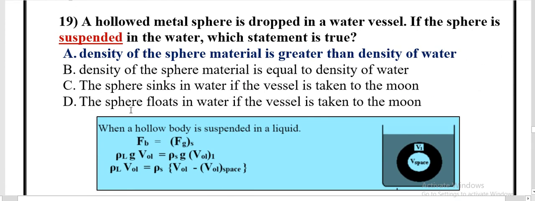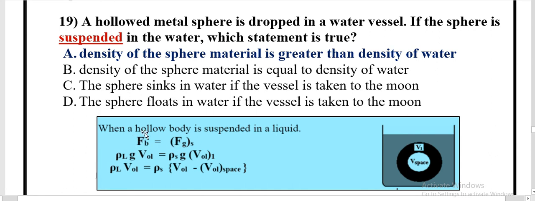Question number 19. A hollowed metal sphere is dropped in a water vessel. If the sphere is suspended in the water, which statement is true? As we see here, this is a sphere with its volume V1, and this is the volume of the space. As it is suspended in the water, the buoyant force equals the weight.